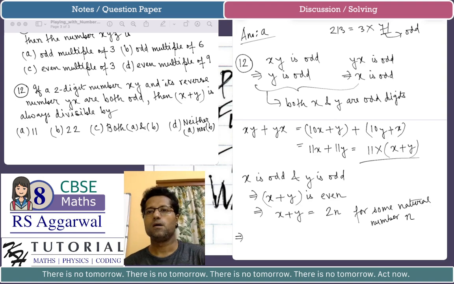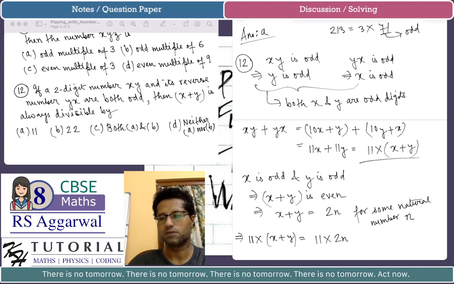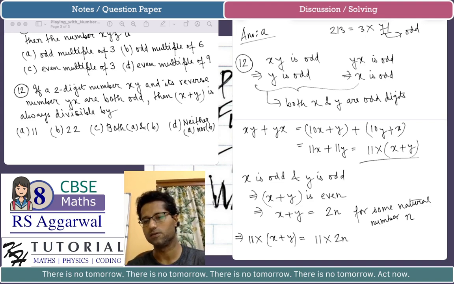Okay. So this implies that 11 multiplied by x plus y becomes equal to 11 multiplied by twice n, where we have expressed x plus y as twice n because x plus y is an even number.